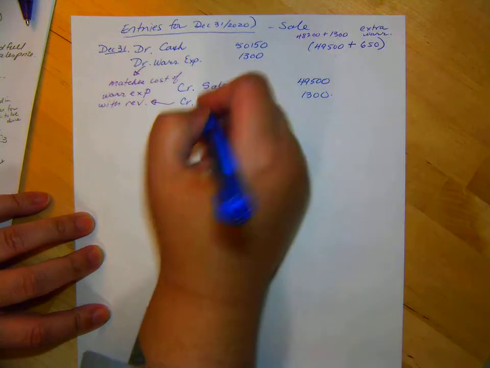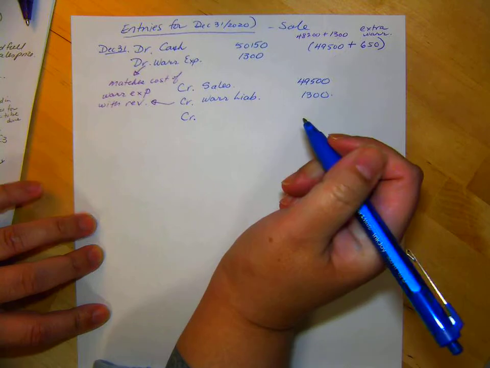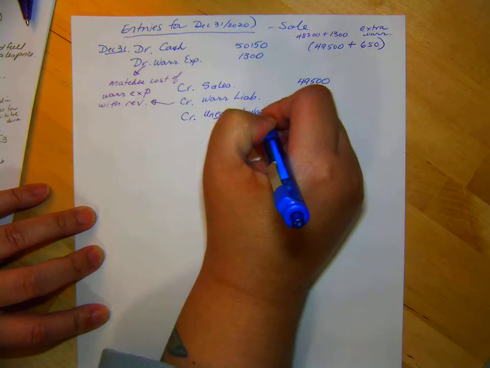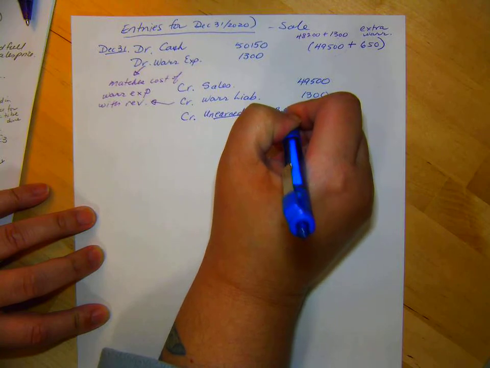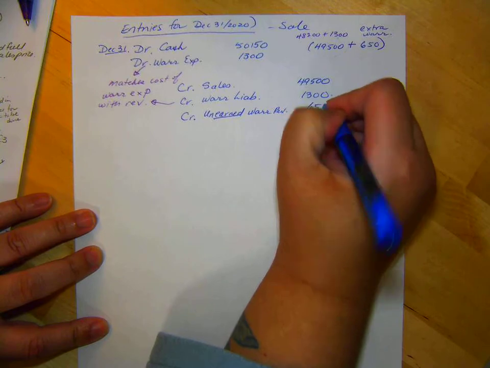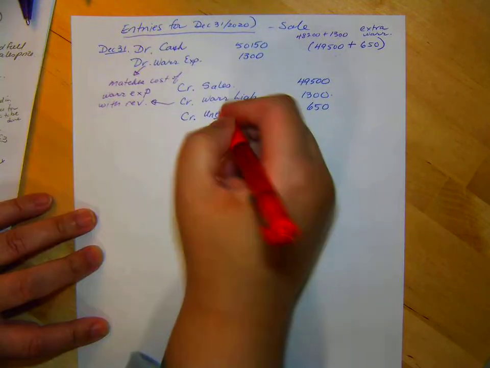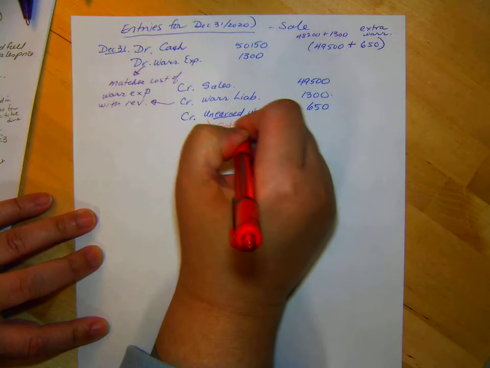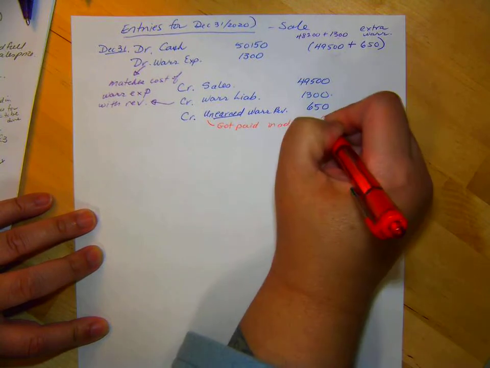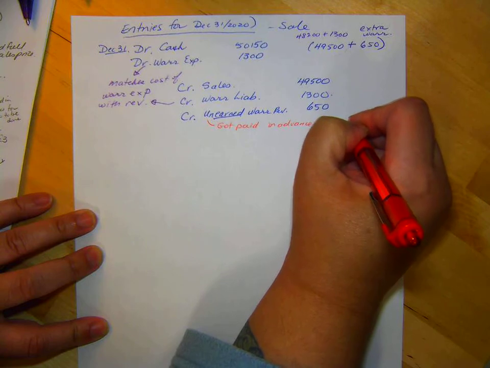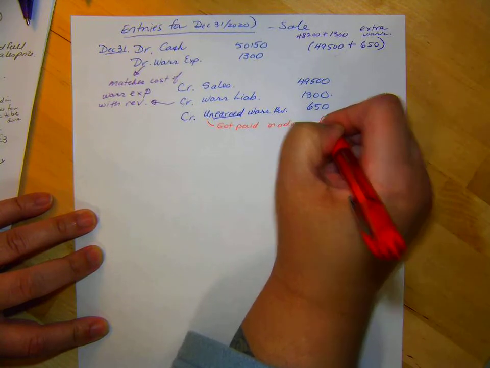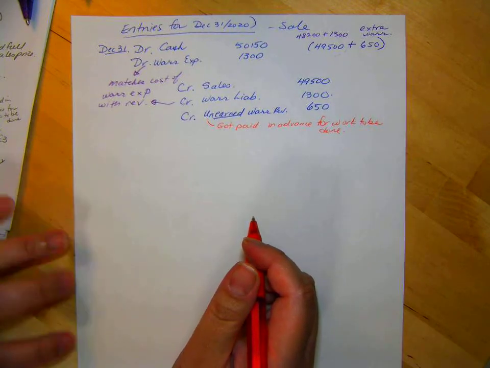So what do we do with money we got that we haven't earned yet? It's unearned warranty revenue for $650. So just to remind you, we got paid in advance for work to be done. That's why we record it. Okay?